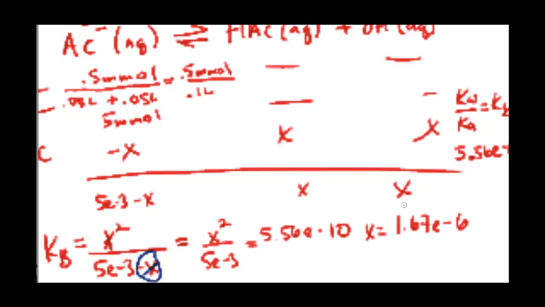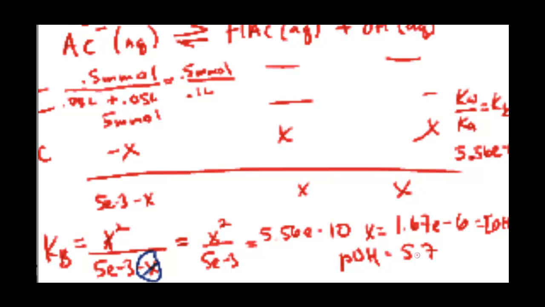Again, this is at equivalence point, so this is your hydroxide ion concentration. When we do negative log of that, we get pOH equals 5.78. Are we done?